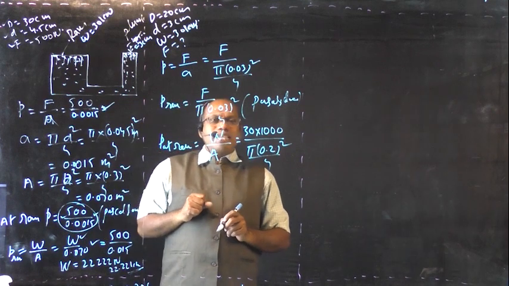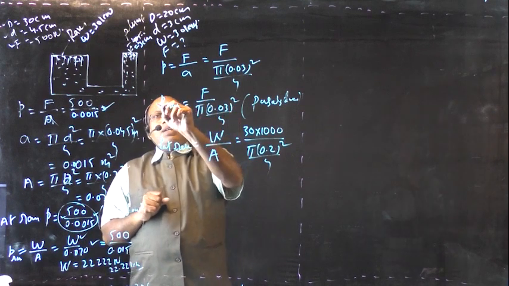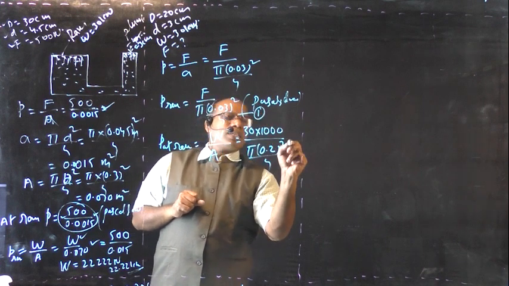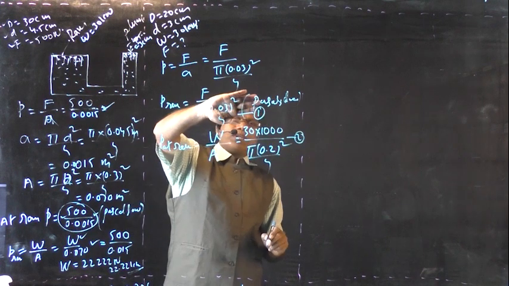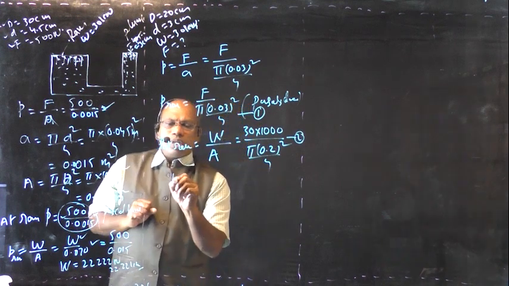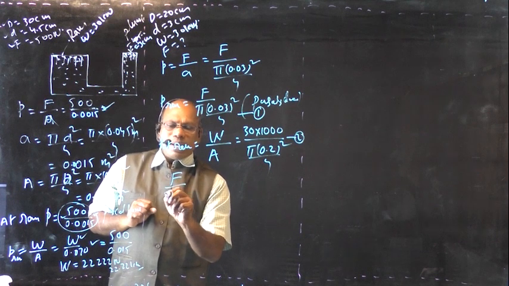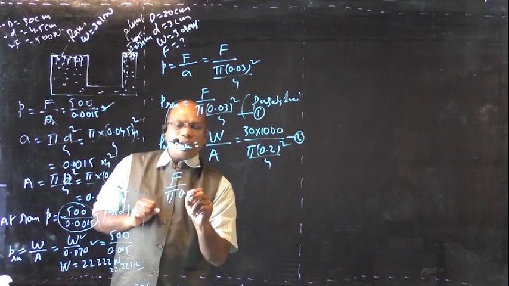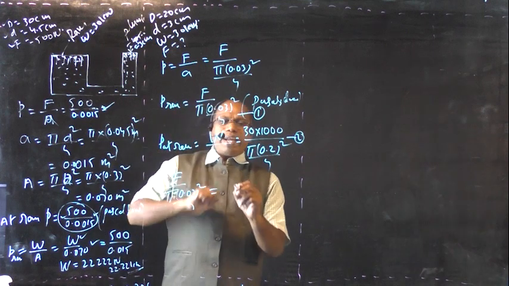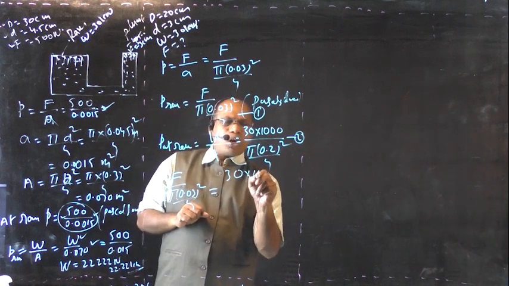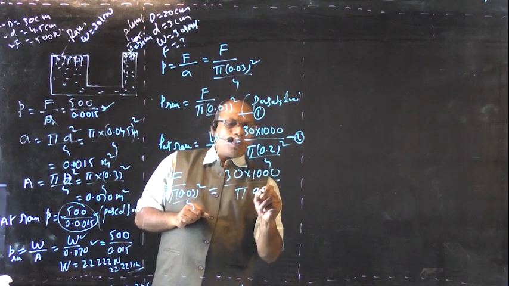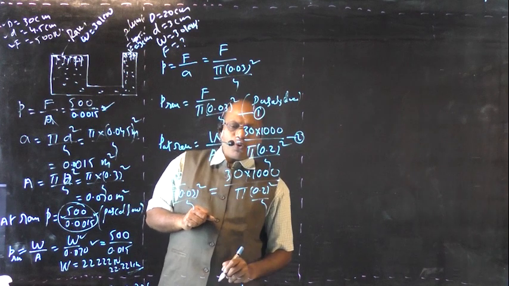As per Pascal's law, this is equation number 1, this is equation number 2, equation number 1 is equal to equation number 2. Therefore, F divided by pi 0.03 square divided by 4 is equal to weight 30 into 1000 divided by pi 0.2 square divided by 4.